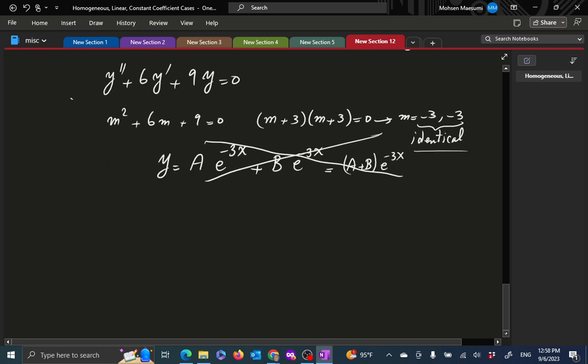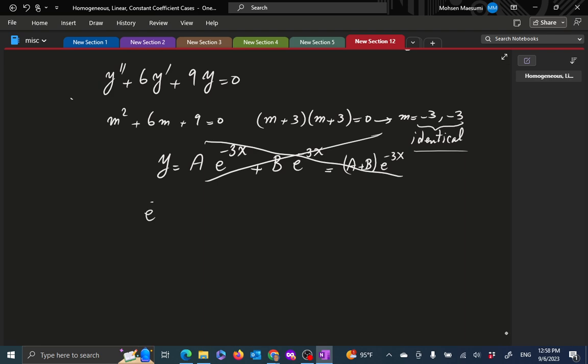Now, for sure we know that exponential of minus 3x is a solution. So the big mystery is, what is the second solution?